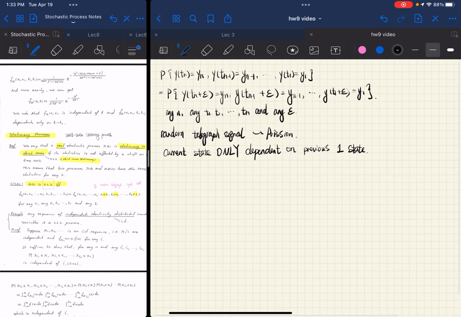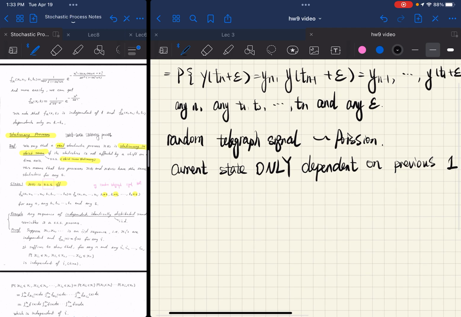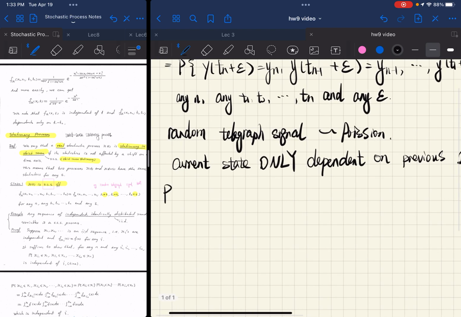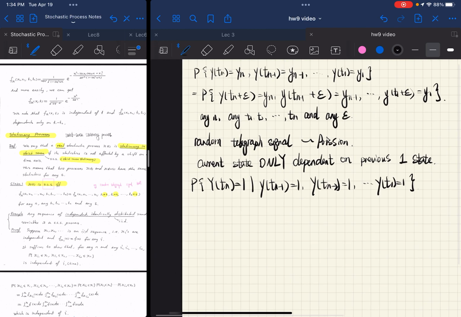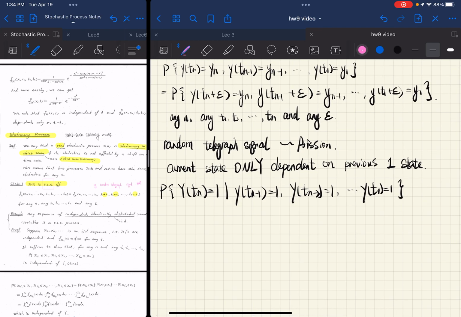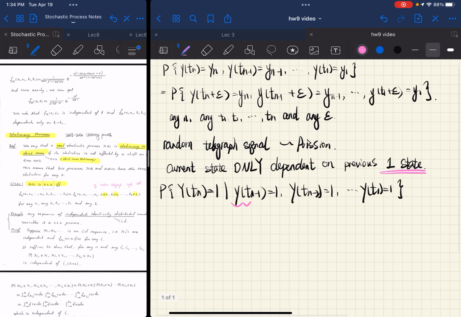So we can rewrite the probability of Y at tn equals 1, conditioned on Y(tn-1) equals 1, Y(tn-2) equals 1, till Y(t1) equals 1. Because it is only dependent on the previous one state, this conditional probability only depends on the term Y(tn-1).